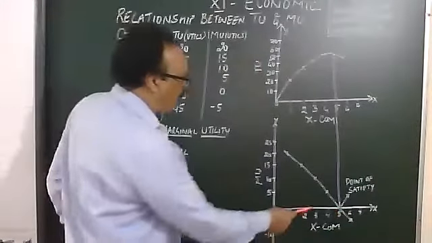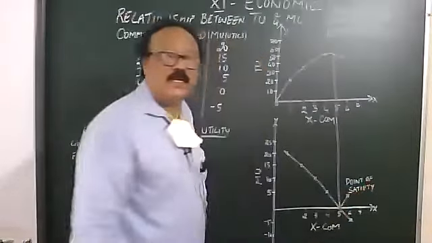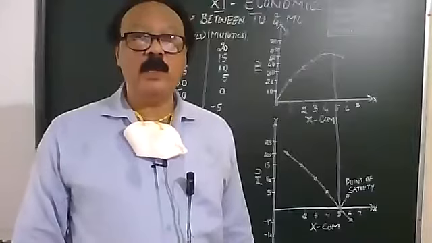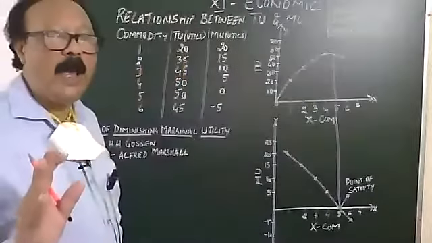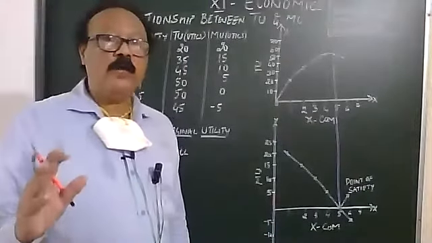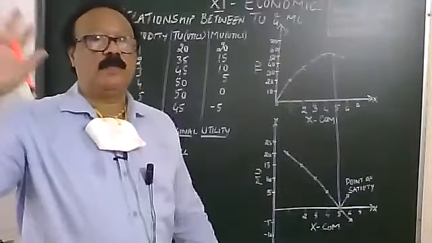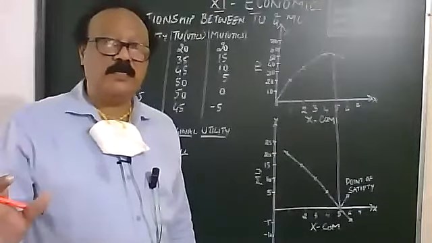So this point is called the point of satiety or point of saturation, or in other words, point of satisfaction, where it simply means a consumer who is rational. Rational means he is able to take decisions for himself and wise decisions.